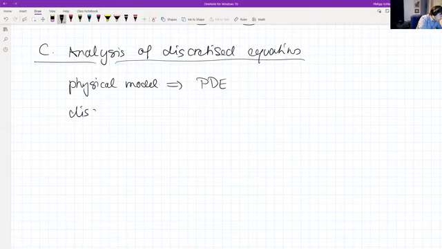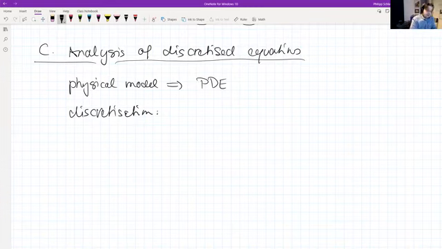Then we have chosen the discretization. So according to what we just discussed, we have used finite differences, right-sided finite differences or central finite differences, and an Euler scheme in time, for instance.